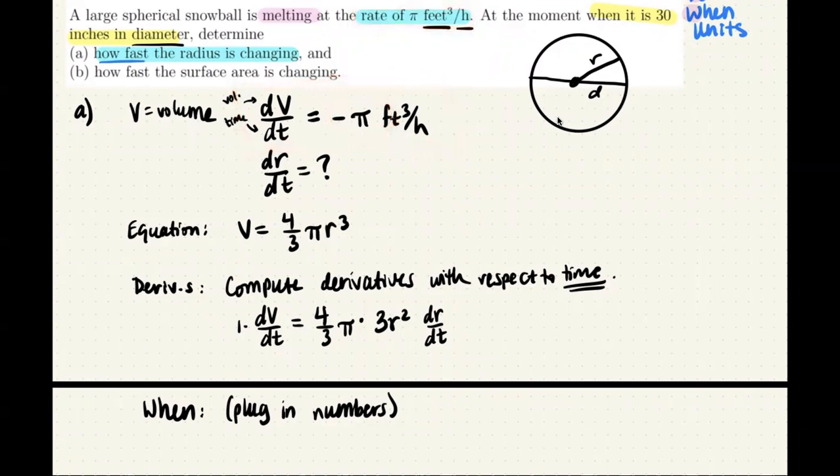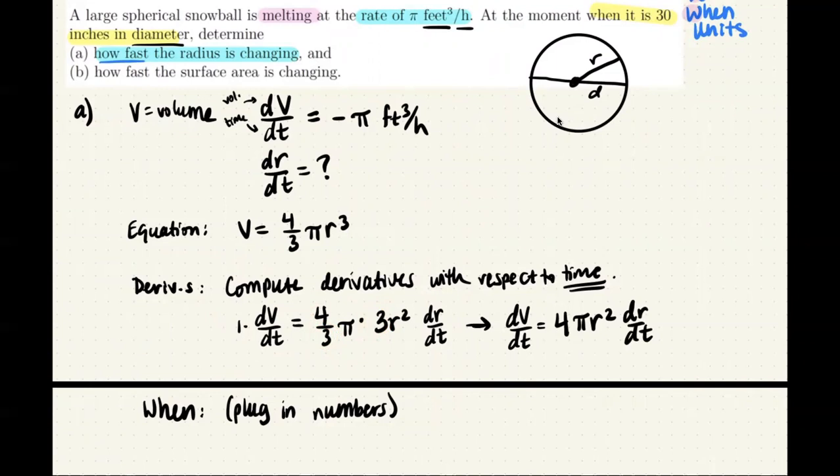So I'm going to multiply some of this out, like simplify this a little bit. Notice that I have 4/3 times pi times 3. This 3 up here and this 1/3 here cancel each other out. They multiply to 1. So this is 4 pi r squared dr/dt.